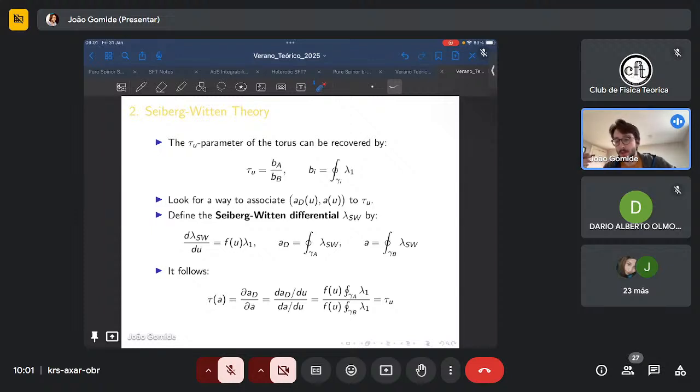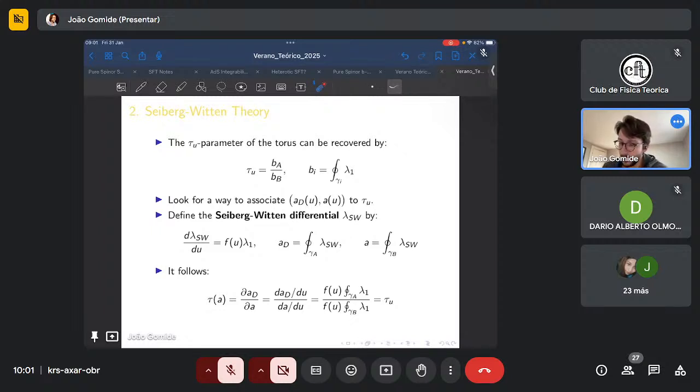And by taking integrals on this torus, we will actually have the true description of what AD and A are, because we want AD and A to have a nice action under SL2Z, and we want them to have the correct monodromies that I discussed before.